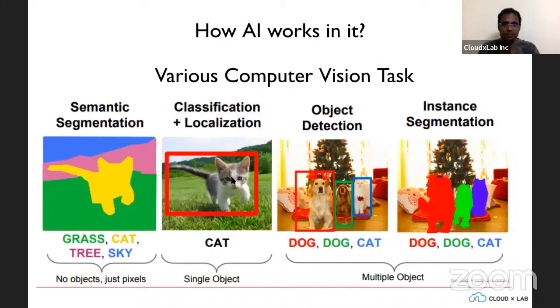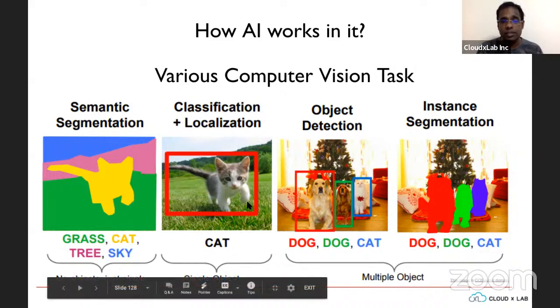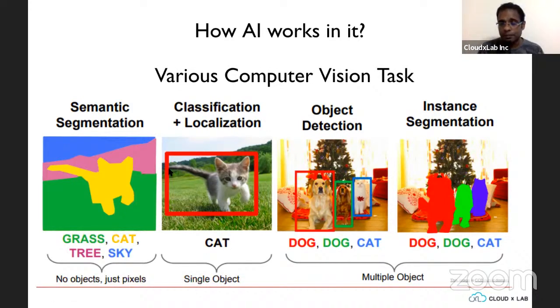Now, what are the different types of computer vision tasks? One, which you saw before, is classification: does this have a cat or not? The other is semantic segmentation, where you're trying to identify the pixels of different items separately. Another is classification and localization, where you say there's a cat and put a box around it.